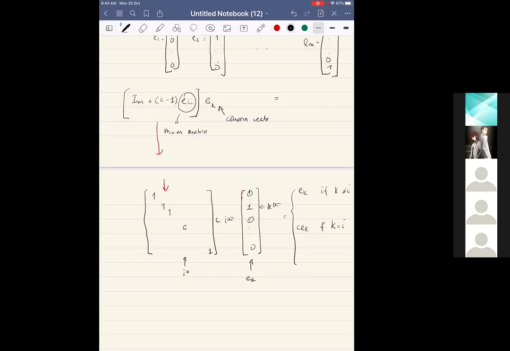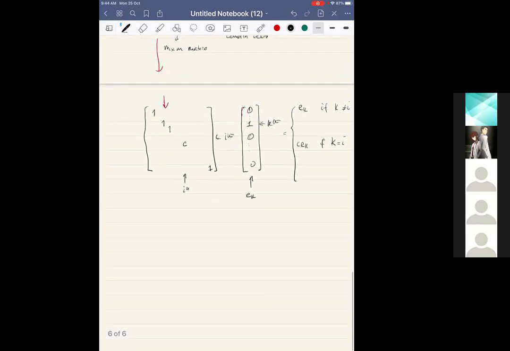Now, from this description, you can say, what is the inverse of this? Could we replace C with 1 by C? Yeah, that is so. There are two ways of answering this question. One is just as you did. I look for a matrix.